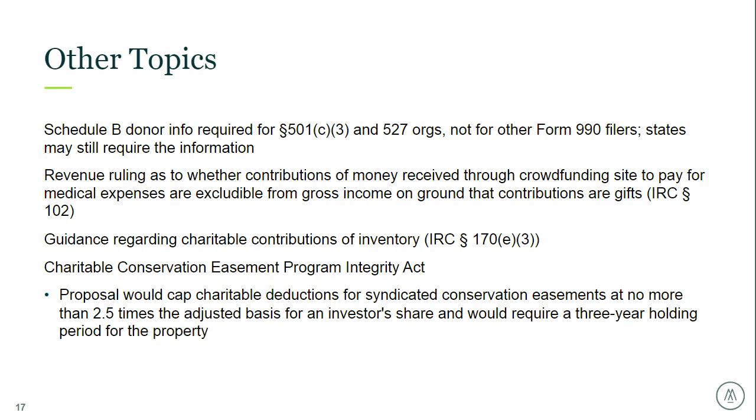So you still want to attach a filing copy of the 990, but you can exclude all pages of the Schedule B. The state of New York recently also announced that they won't require Schedule B detail either for public charities. So it'll be interesting to see if other states follow suit.